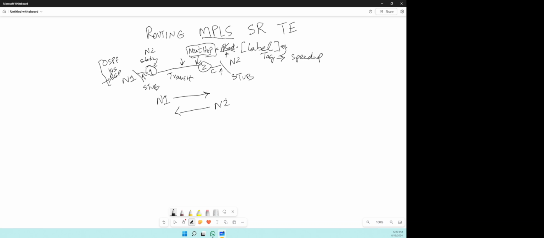So that's MPLS. How do I distribute these tags? How do I know that an IP address maps to this label? Label 1, one IP address, second IP address, prefixes, is label 2, label 1, label 2, so on and so forth. So a bunch of IP addresses or network addresses basically mapping to a label or a tag, like 1 or 2 or 16 or whatever, right?